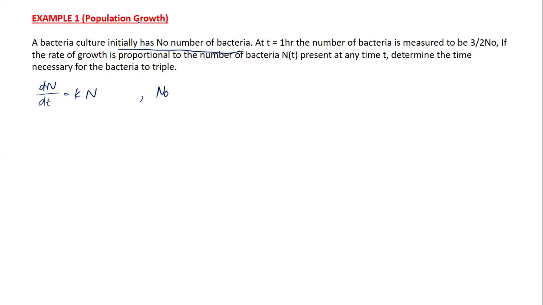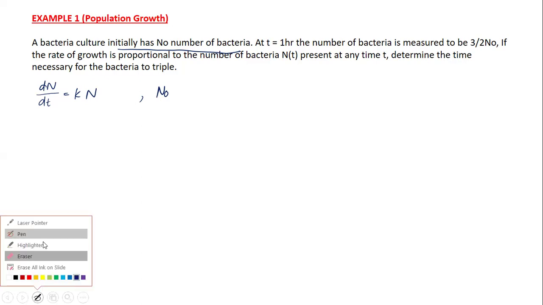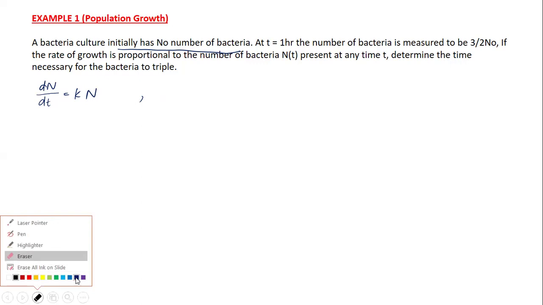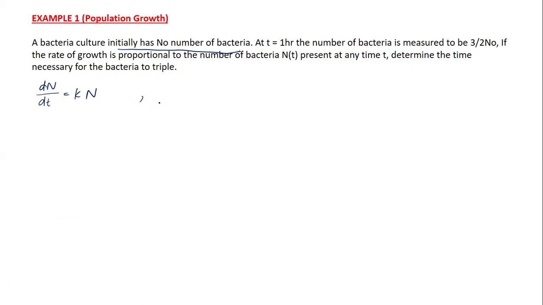Okay, let me do it like this. I want to start with time first. So how many bacteria were actually given at what time? At time 0, 0 hours, we had 200 bacteria, right?